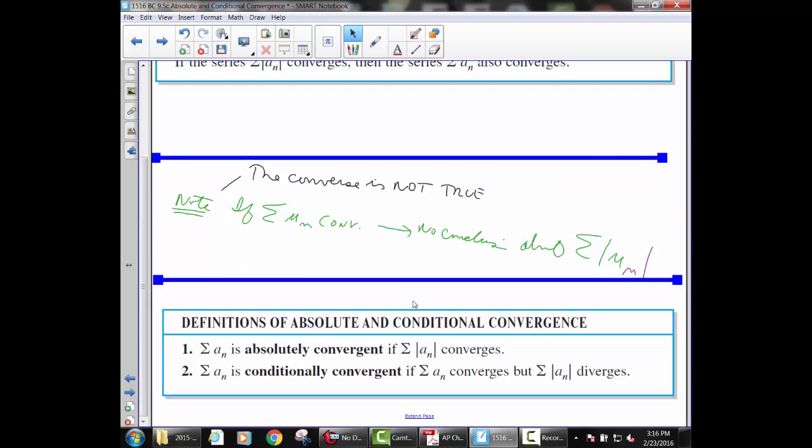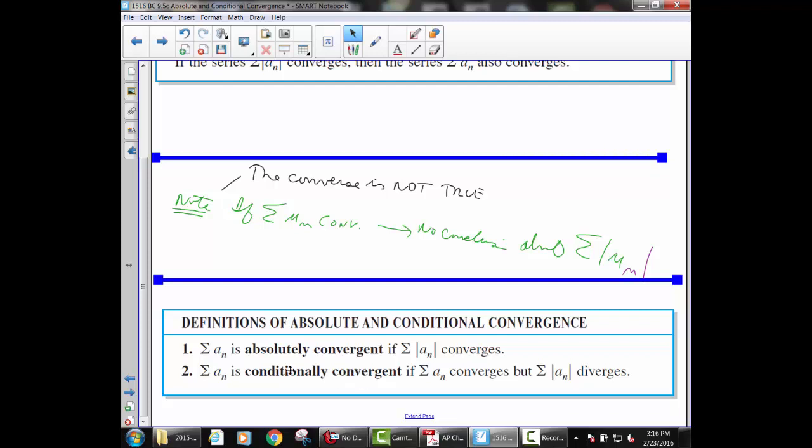Now, the definition of absolute and conditional convergence. Summation AN is absolutely convergent, so that's where the word absolutely comes from, if the summation of the absolute value of AN converges. Summation AN is conditionally convergent if summation AN converges, so it is a convergent series, but the summation of the absolute value of AN diverges.